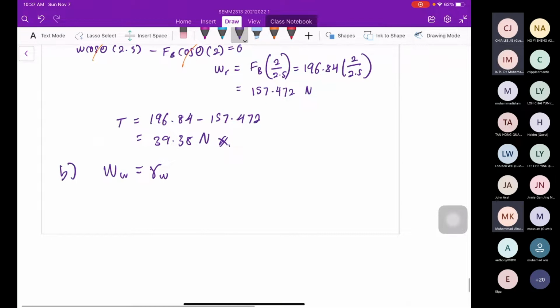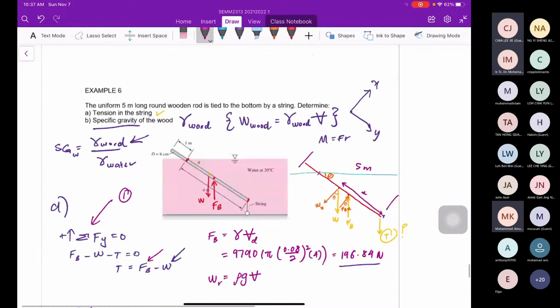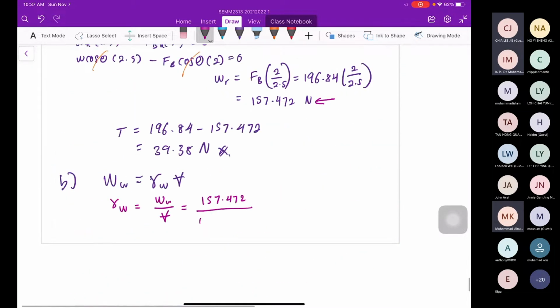So, rearrange this equation. Gamma of the wood equal to the weight of the wood divided with volume. So the weight of the wood or the rod is here 157.472 divide with the volume of the wood, which is pi times diameter over 2 squared multiply with 5, the total length.